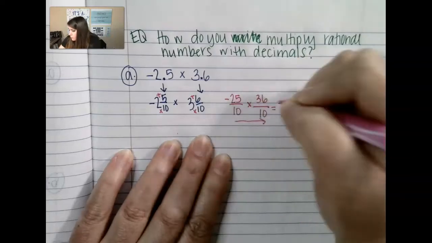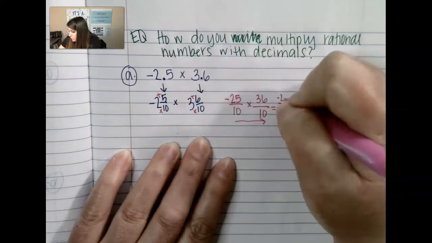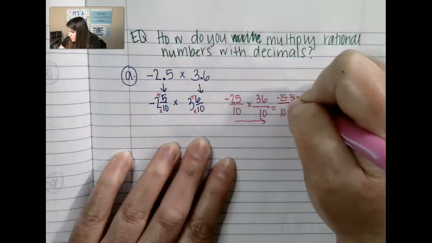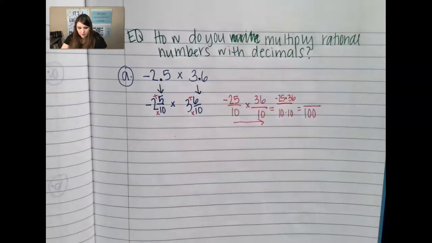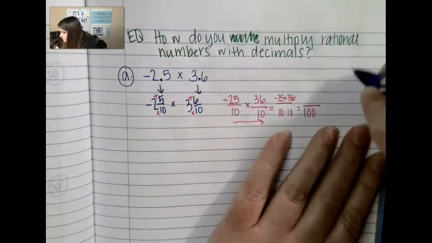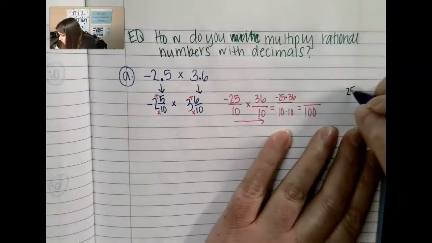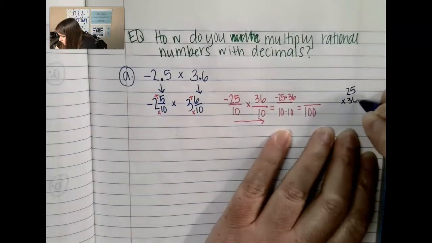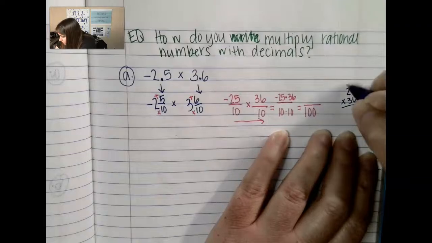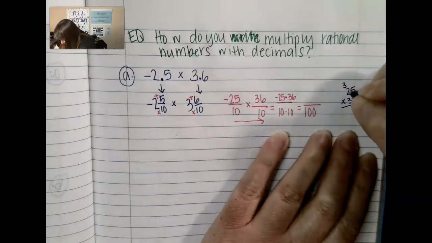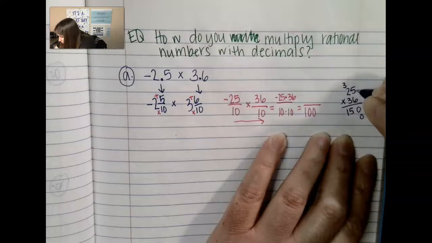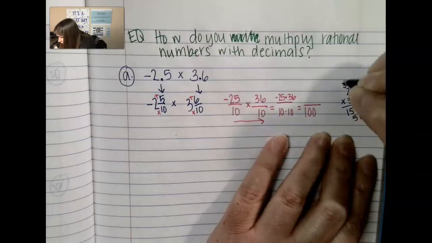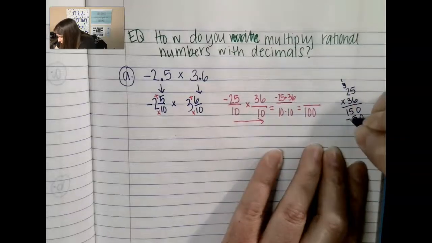And negative 25 times 36, we're going to multiply that one out here in the margin. So I have 25 times 36. 5 times 6 is 30, and 3 times 5 is 15. Carry my 1, 6, 7.